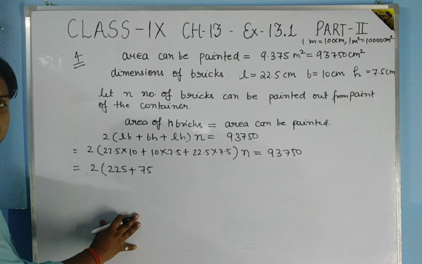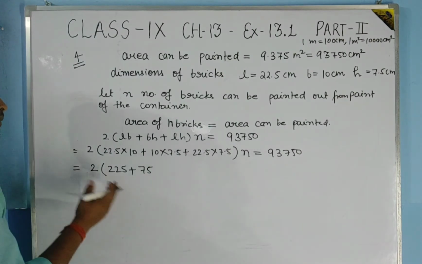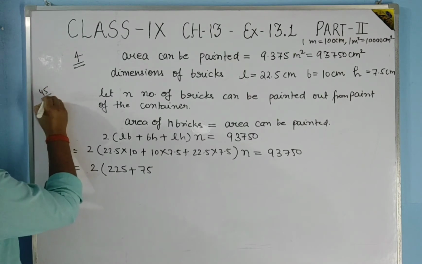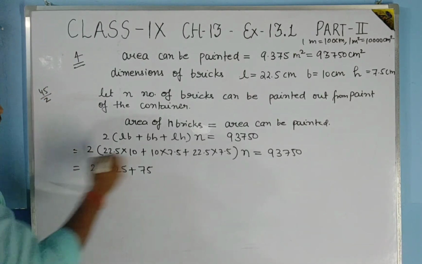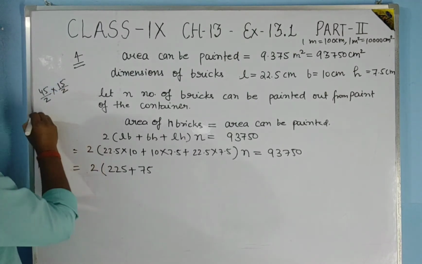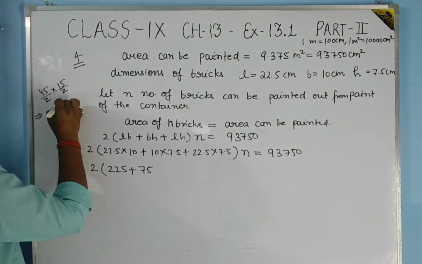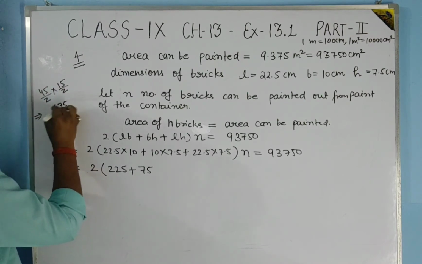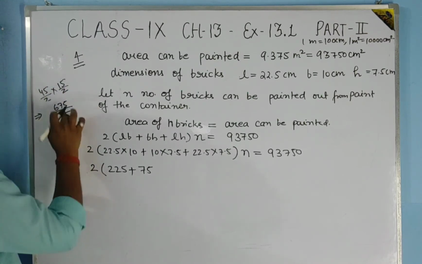So students, see how we can multiply it in the short form. 22.5, can we write it as 45 by 2? 7.5, can we write it as 15 by 2? Just multiply: 15 fives are 75 and 15 fours are 60, so 675 upon 2 into 2, which is 4.